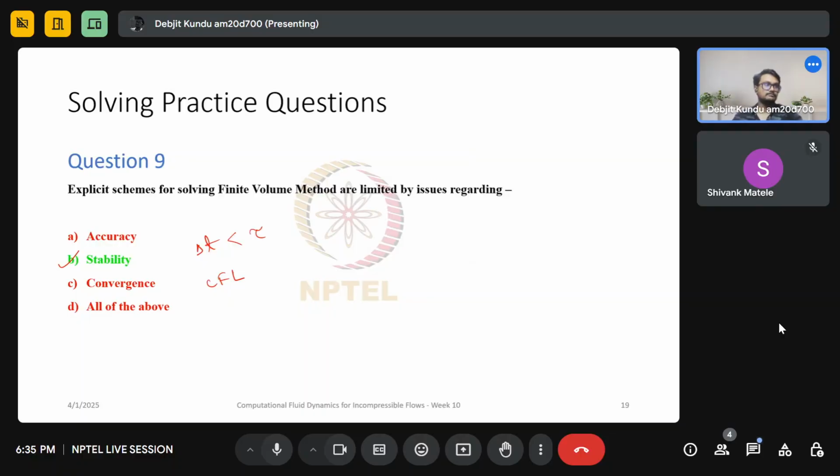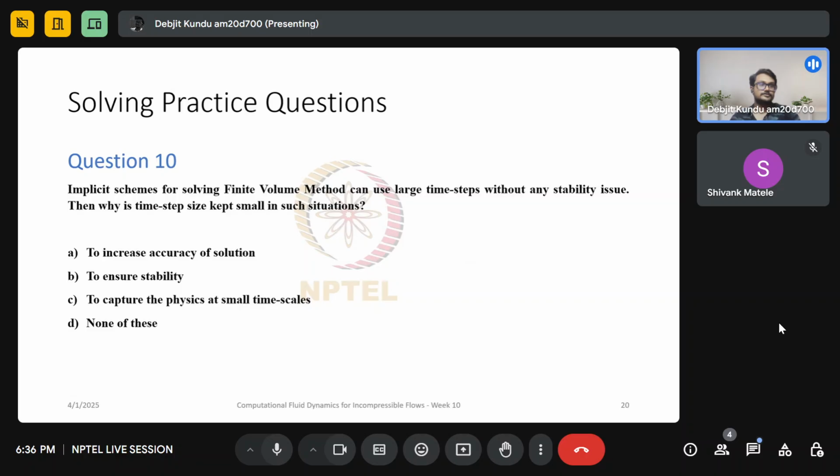It's very simple to implement as compared to implicit schemes, but the problem is you have to pick a good enough, small enough time step, so that you can get a stable solution. Right? Okay.